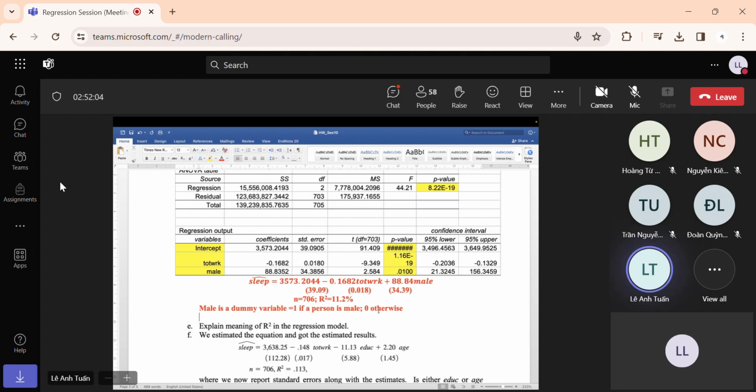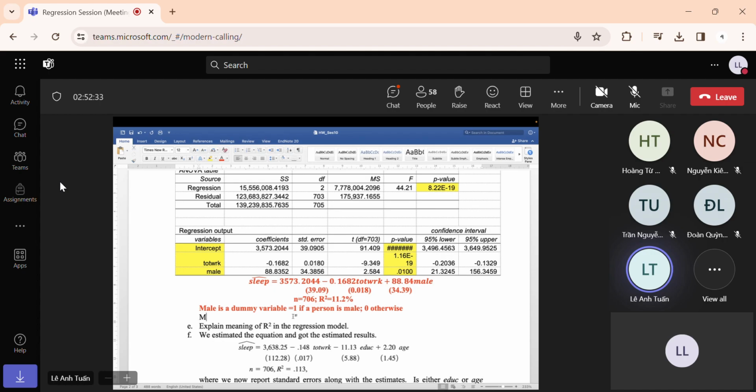So what is the main group? The main group is the male, and the base group is the female. So the coefficient on the dummy variable here will compare the sleeping time between male and female. So here we have the positive coefficient.